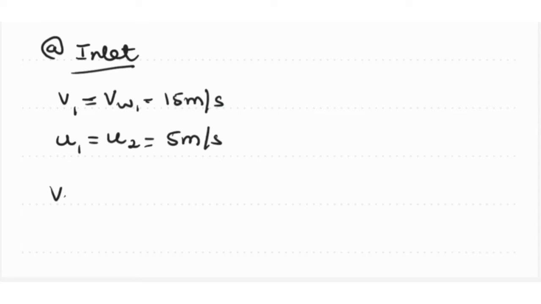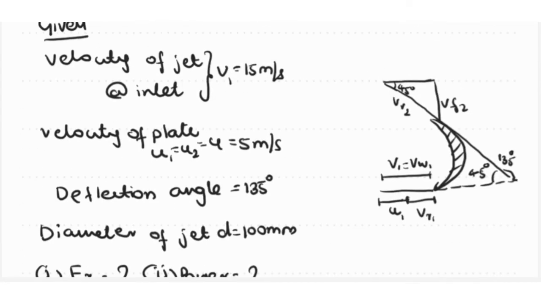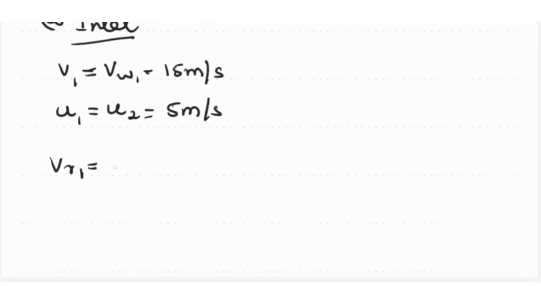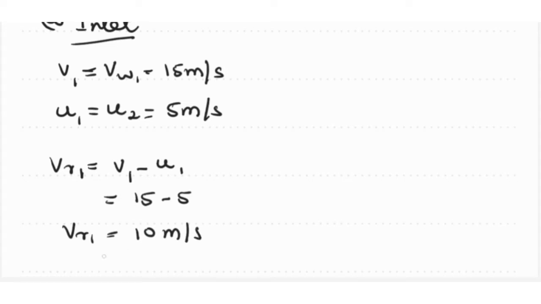VR1 is equal to V1 minus U1. So V1 is 15 minus U1 is 5. So VR1 is equal to 10 meter per second. So we got here V1, VW1, U1, VR1, all the velocity components we have already calculated.